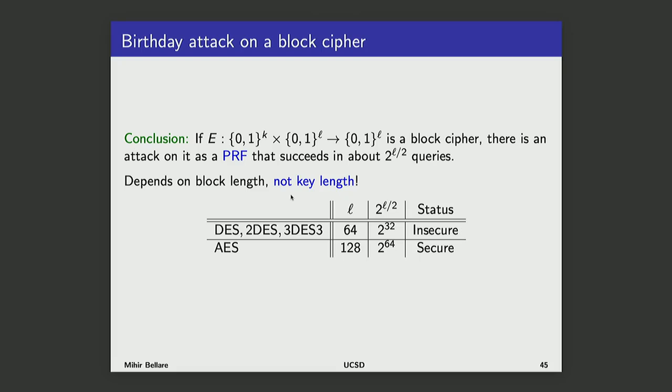If you go back to DES, what this says is you have a very good attack. Remember that the L here is the block length. For DES, that's only 64 bits. So 2 to the L over 2 is 2 to the power 32, and that's a feasible amount of computation.